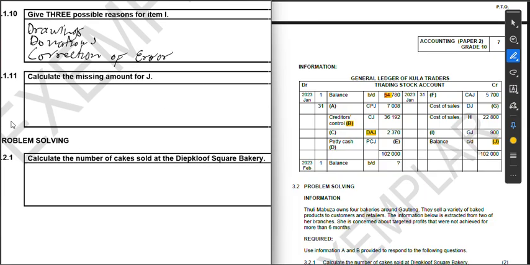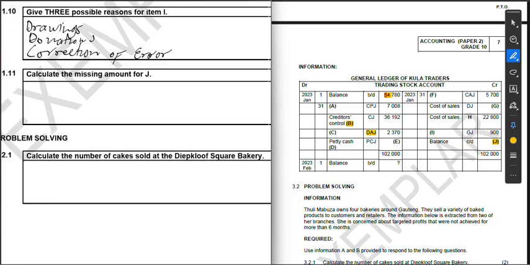Right, so here we do the calculation. I said that we're going to do an inverse. So we're going to take the balancing figure and subtract everything else, and then what is left is going to be the balance for the month. Let me just write the calculations for you before we do the actual calculation.